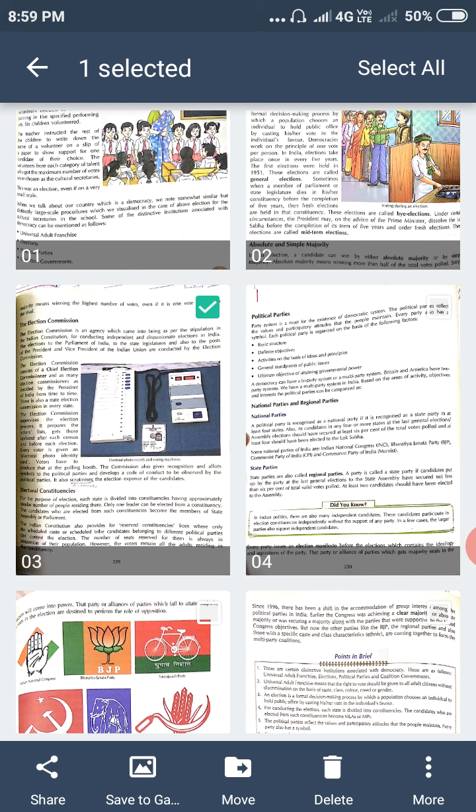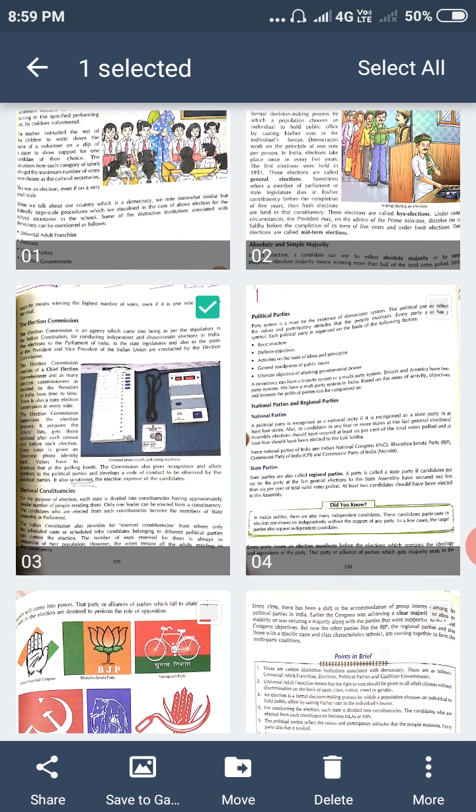Sometimes, due to certain circumstances, the President may dissolve the Lok Sabha before the completion of its term of 5 years, and he can order fresh elections. These elections are called mid-term elections. Now here, students, we have talked about three types of elections.